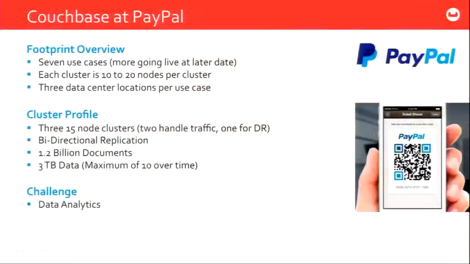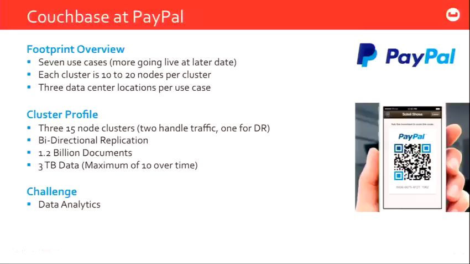So the footprint is, there's roughly 7 use cases across PayPal today. They're a variety of sizes as far as the deployments go. And there's 3 data centers that we're talking about. They're all replicating with XDCR.